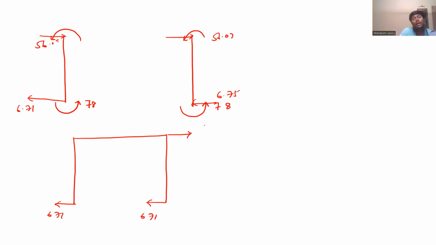To keep it in equilibrium, we do summation of Fx equal to 0. This R dash reaction you will get as what? R dash minus 6.71 into 2 equals 0. So R dash will be equal to 13.42.